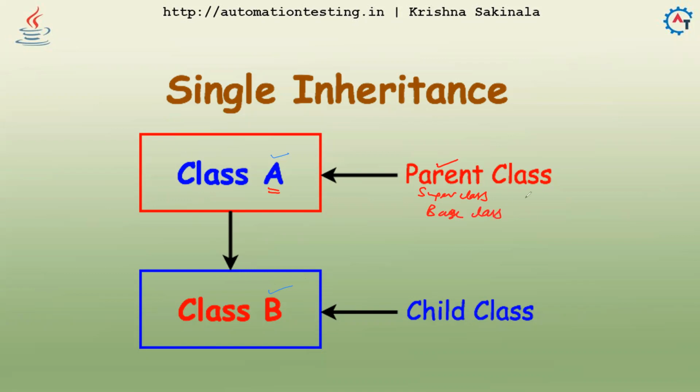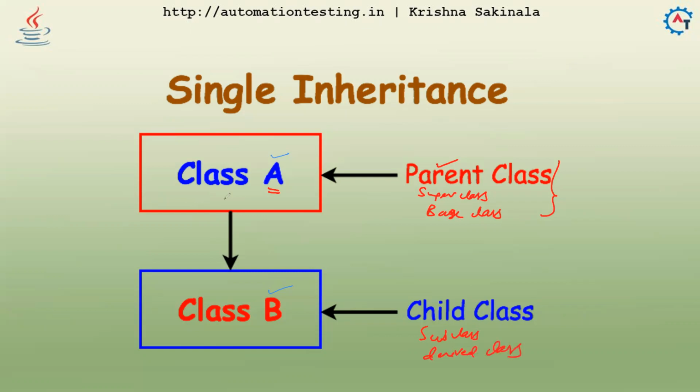You can call it any one of these terms. Class B is acquiring the properties of A. Because of that, this is called child class or subclass or derived class.